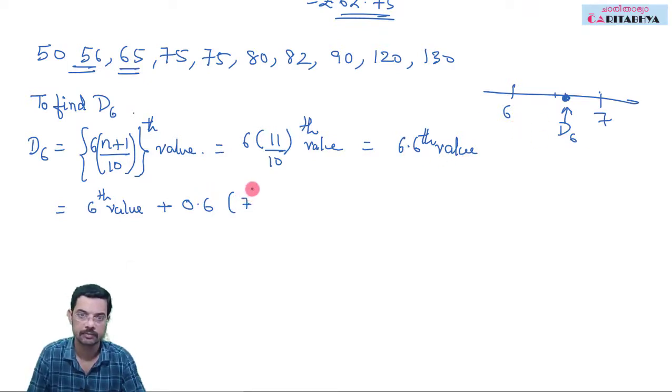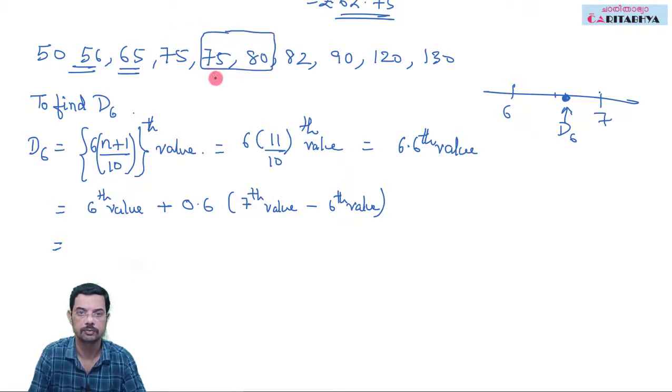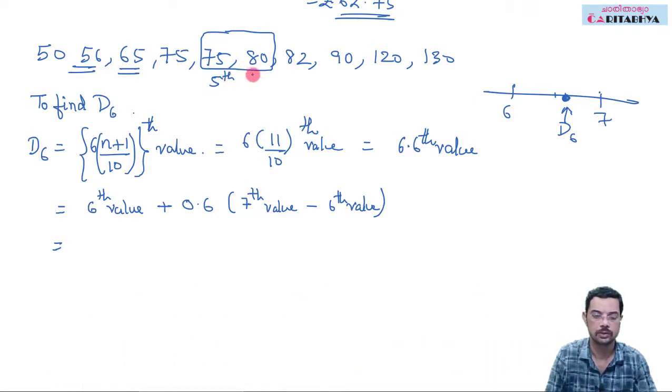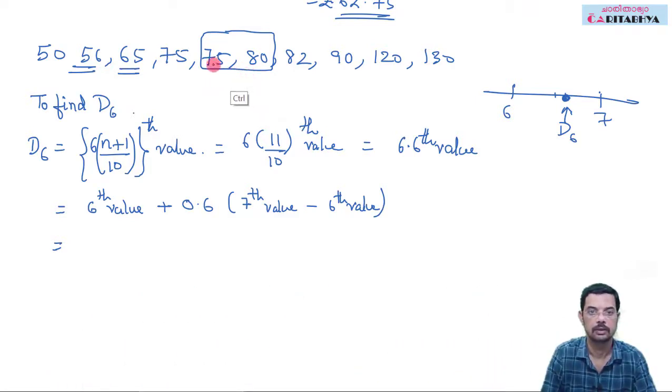That is the 7th value minus the 6th value. What is the 6th observation? Counting 1, 2, 3, 4, 5, 6 and 7, this is the 6th observation and this is the 7th observation.